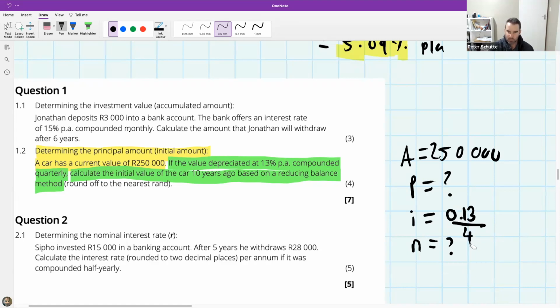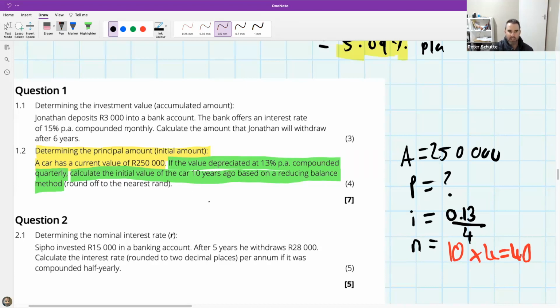It's actually going to be 0.13 divided by 4. So what is the number of time periods I need to depreciate for now? What is my n going to be? It's not going to be 10. It's going to be 10 times 4 because we're dealing with quarters.